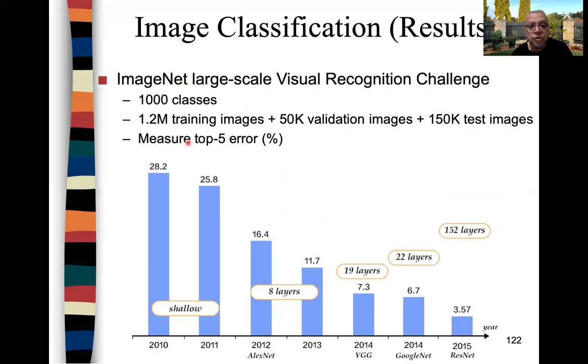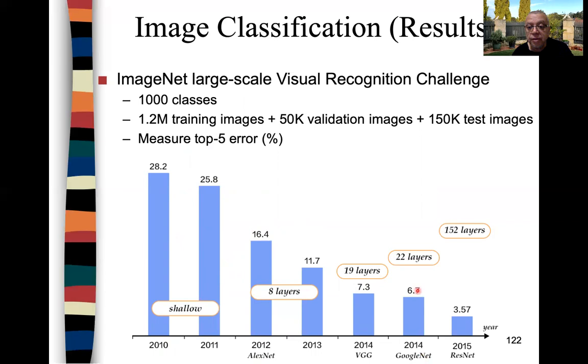If you measure the top 5% error, you see that in 2010 and 2011 with shallow networks, this was the performance. With an 8-layer network, this was the performance. With VGG with 19 layers, this is the performance.